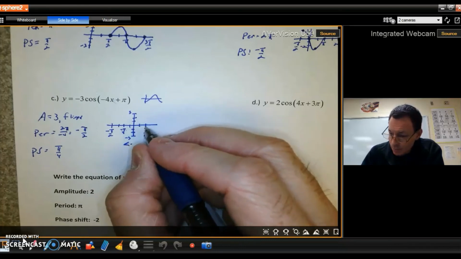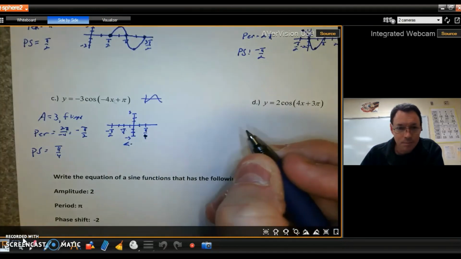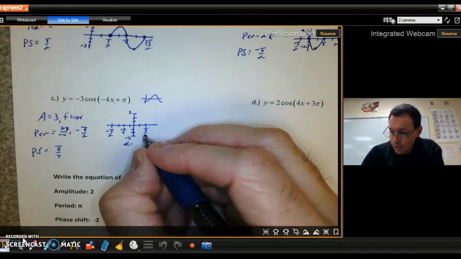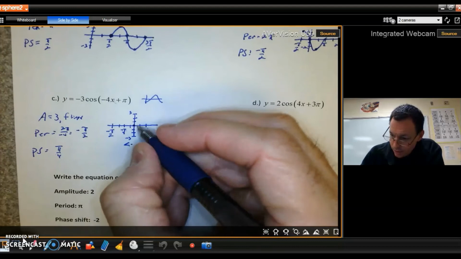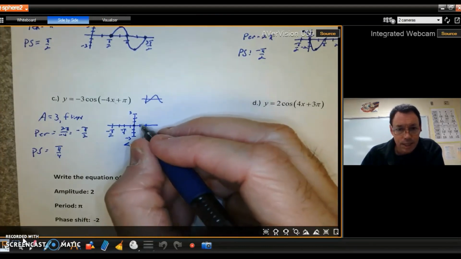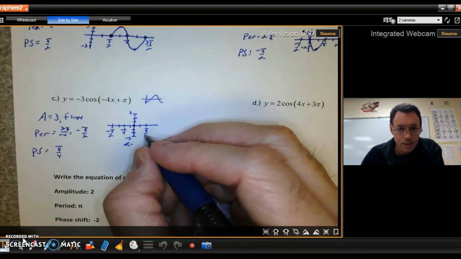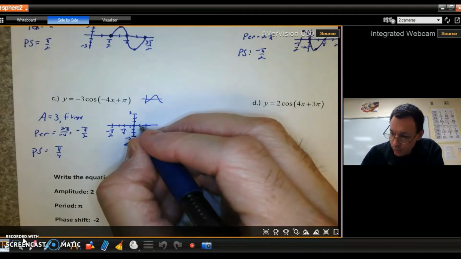Okay, so pi over 4, down to negative 3, that's where my point's got to be. I'm just going to make it great big, and I'm just going to wipe out that pi over 4. All right? Then just draw a cosine graph. What's cosine do? It goes up. Then it goes up to its high point, which is, oops, ooh. You see what I did? I skipped over my increment here. So ignore that for a second. Here's what I should have done. I should have went up to the first increment. You probably did it right.